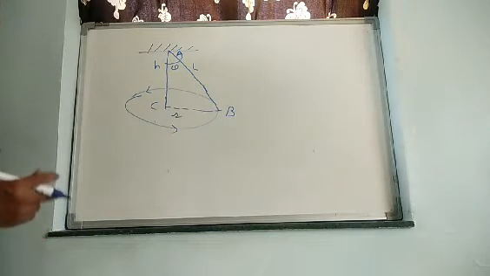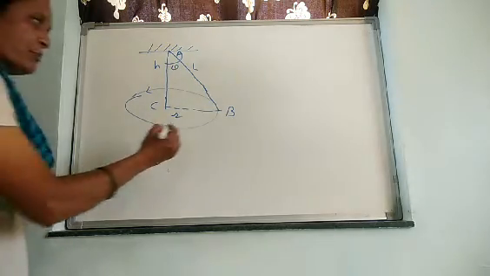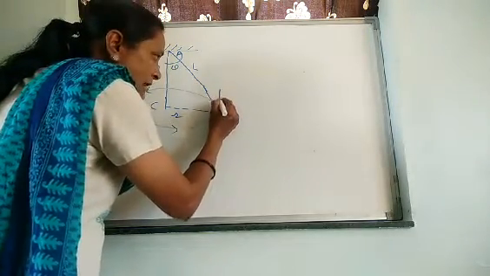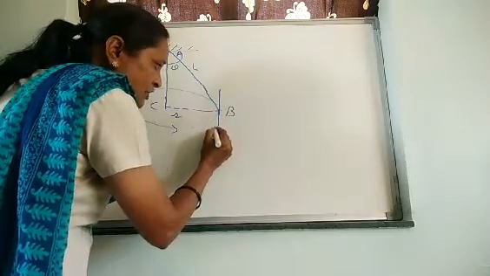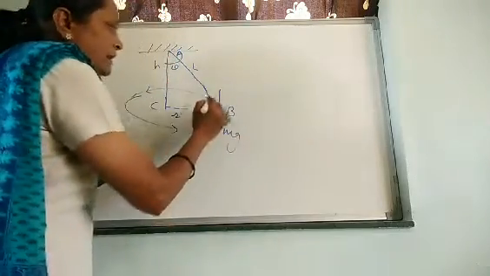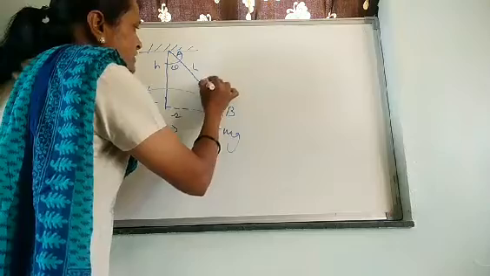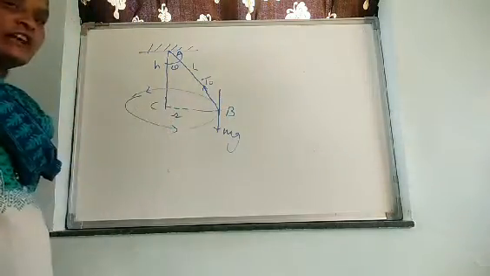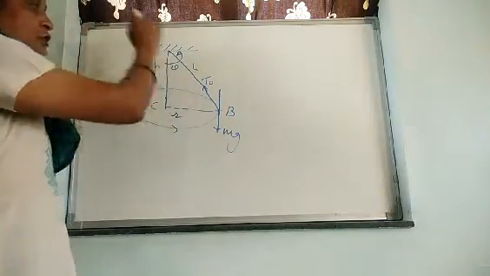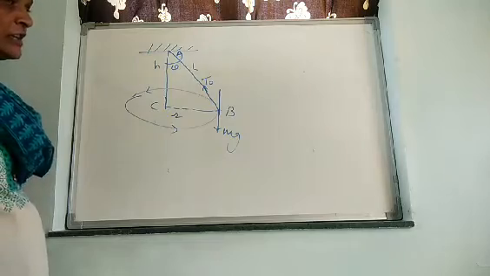Here, at this point B, the forces acting on the bob are its weight mg, which acts in the downward direction, and another force, the tension along the string, T0, directed towards the point A, the rigid support.